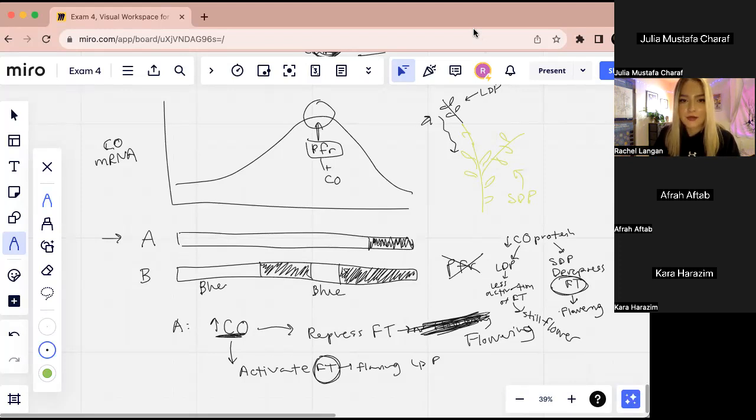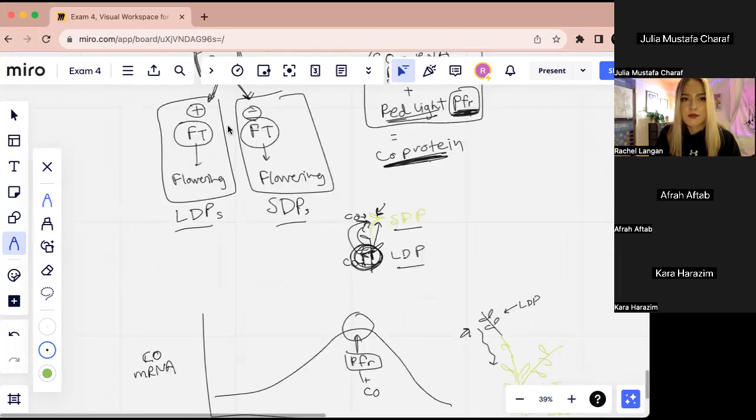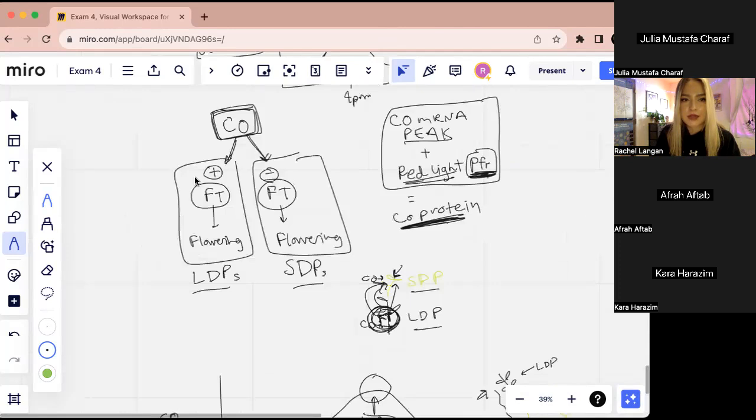Yes. And then it flowers if it's stabilized, or it doesn't flower if it's stable? Depends on the type. Because in long day plants, the CO protein activates flowering. In short day plants, the CO protein inhibits flowering.